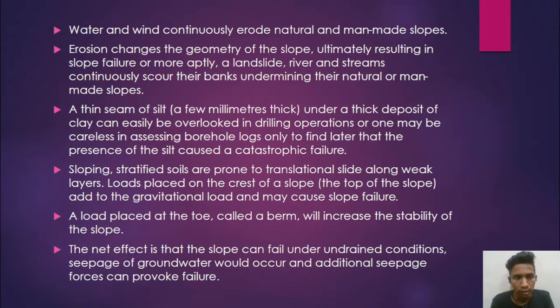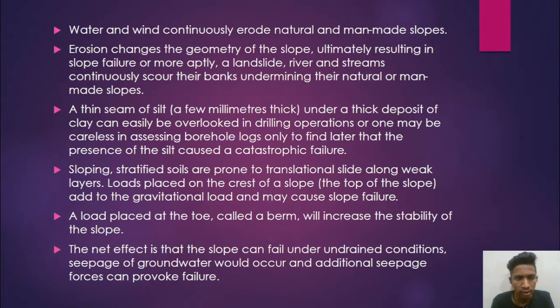Water and wind continuously erode natural and man-made slope. Erosion changes the geometry of the slope, ultimately resulting in slope failure, or more aptly, a landslide. Rivers and streams continuously scour their banks, undermining their natural or man-made slopes.